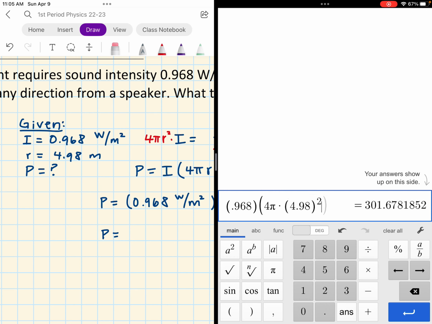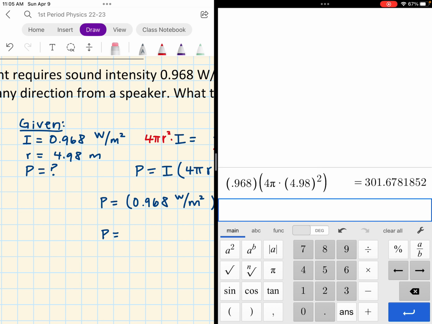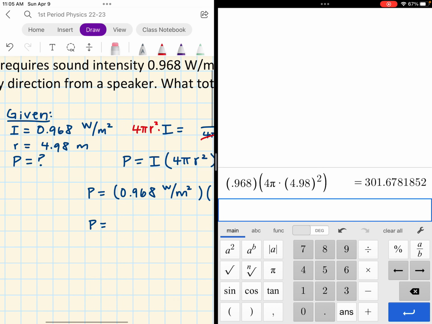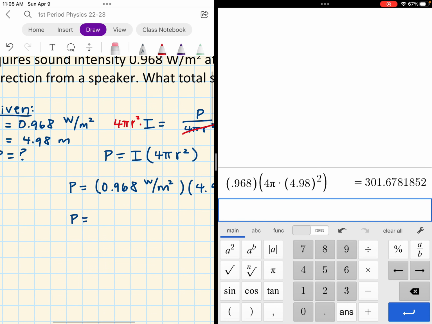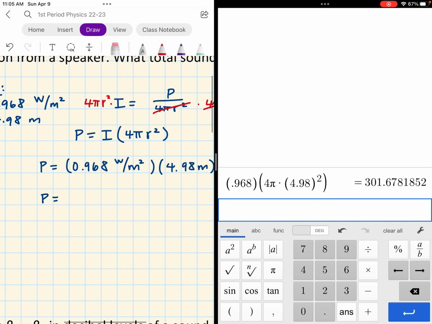So there it is. We have 301.678, rounding to the nearest thousandth. So our power is going to be 301.678 watts. And that's it.